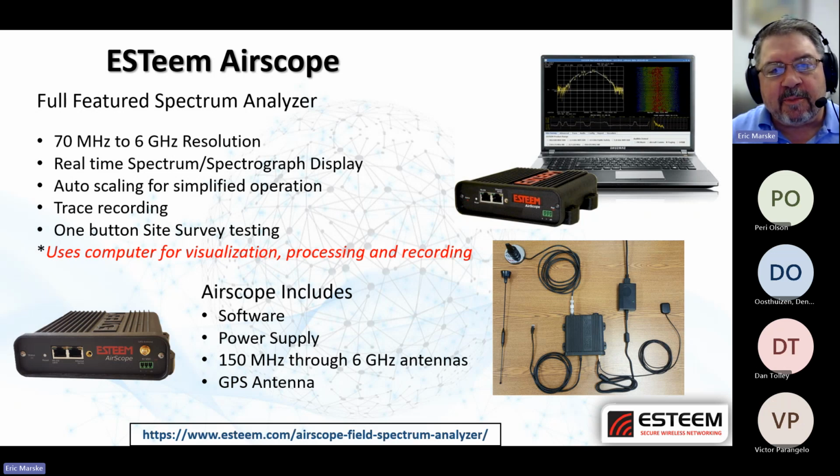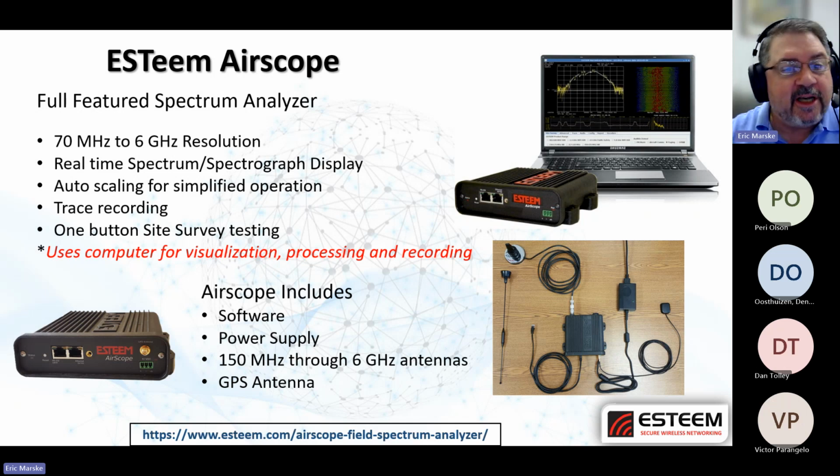The way we're able to provide this at a fraction of the cost of a benchtop unit is that we break this into two different pieces. The radio side does the receiving and signal analysis, and then we tie that into your own computer. The computer gathers the information, shows the visualization, and allows you to store it.